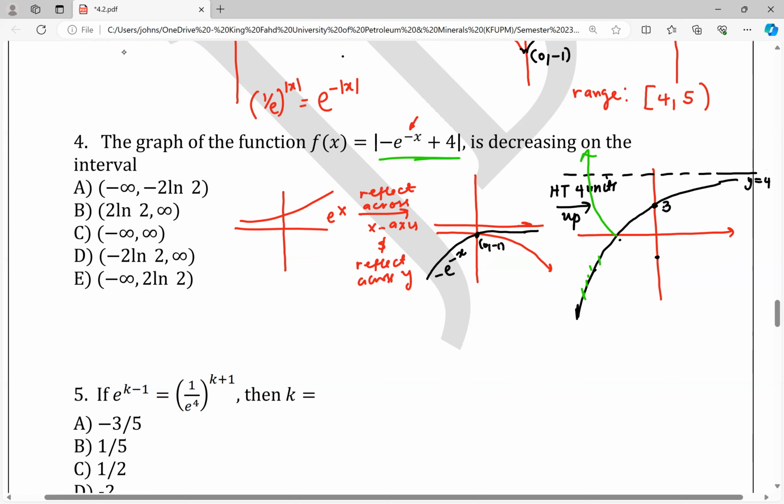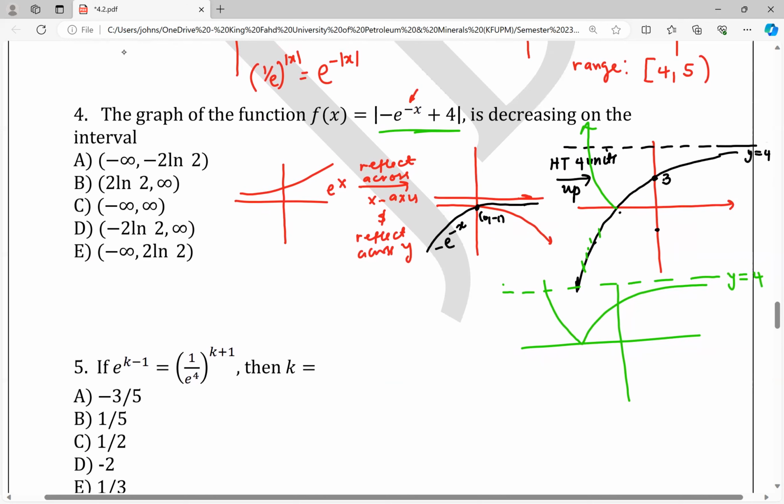So this is our final graph. It is just going to be something like this, and like this. And here you have y equals 4 as the horizontal asymptote.